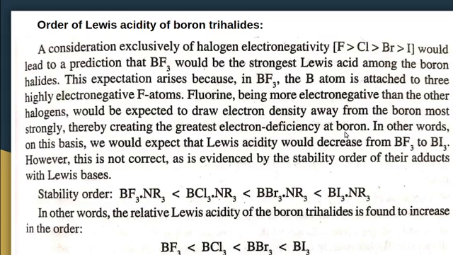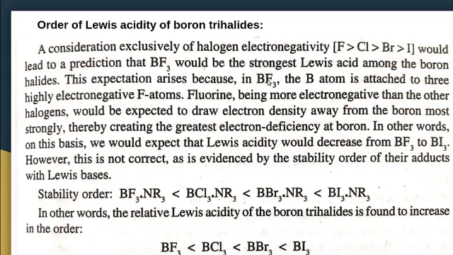That means electronegativity is the tendency to attract the shared pair of electrons. So if fluorine has high electronegativity, the shared pair of electrons between boron and fluorine will be attracted more towards fluorine. There are three fluorine atoms around boron, and these 3 fluorine atoms will attract the shared pair of electrons towards them.